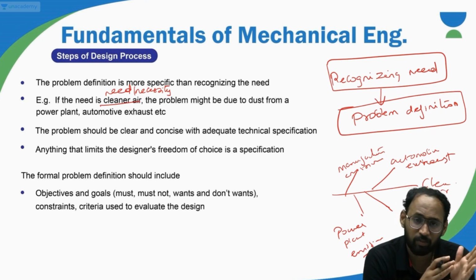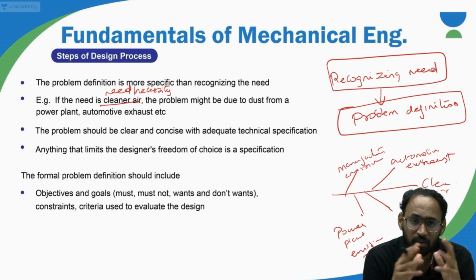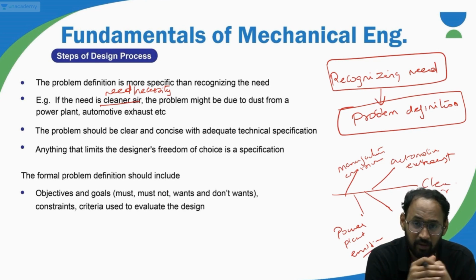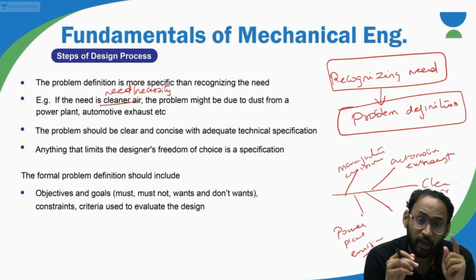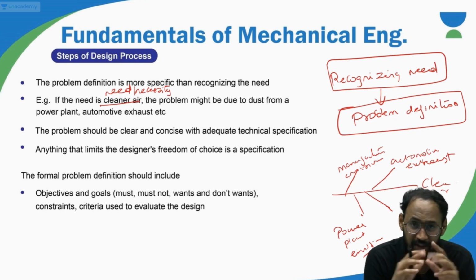He has to make it at the optimum level of the requirements. So at this point, in terms of volume or size, the designer's freedom is being limited, so it's a specification. Anything that limits your freedom of thought process in a design is a specification.